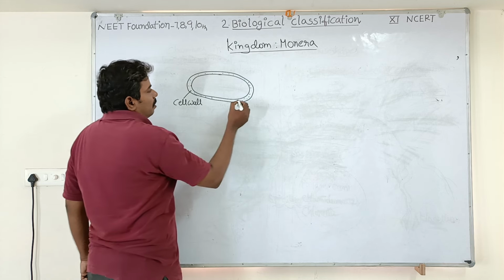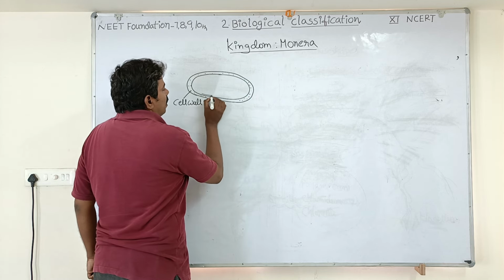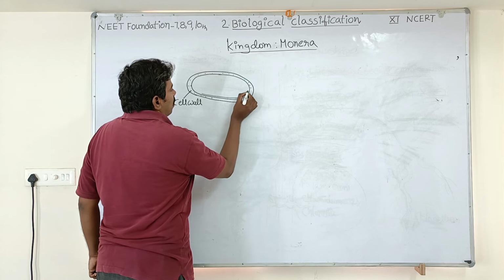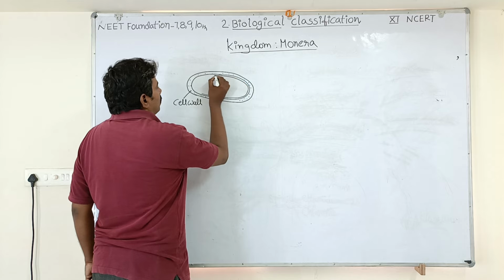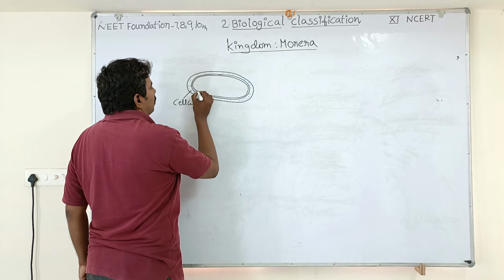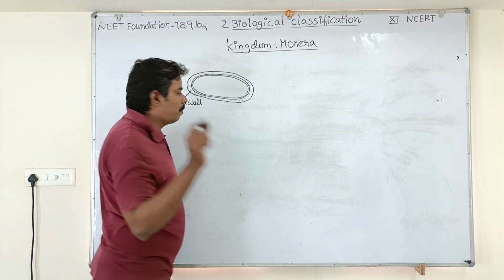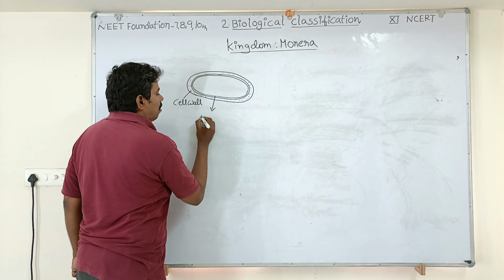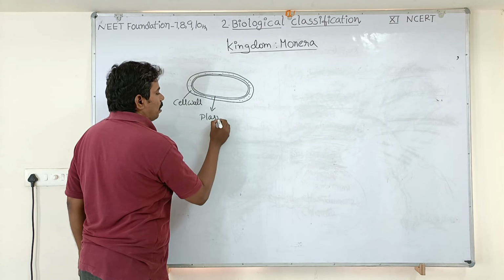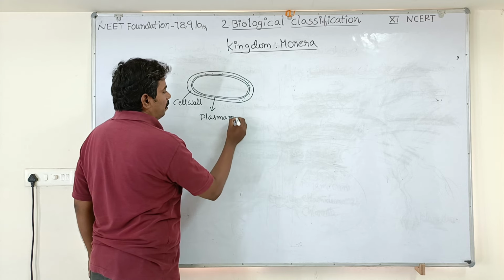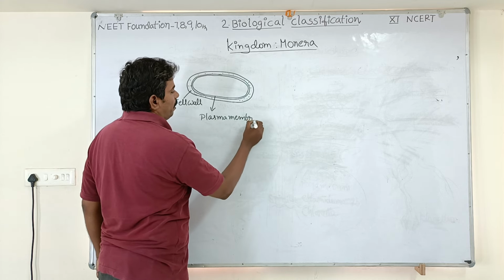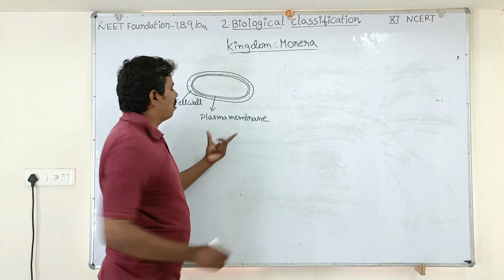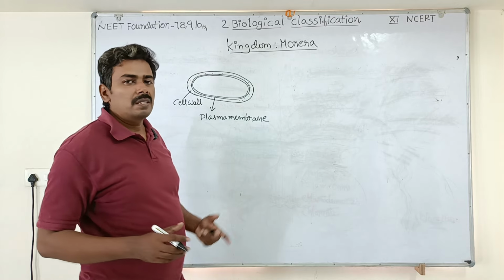Next, there is a membrane inside the bacterial cell that is called the plasma membrane. This is a thin membrane which is present just below the cell wall. So what is the function of this plasma membrane?